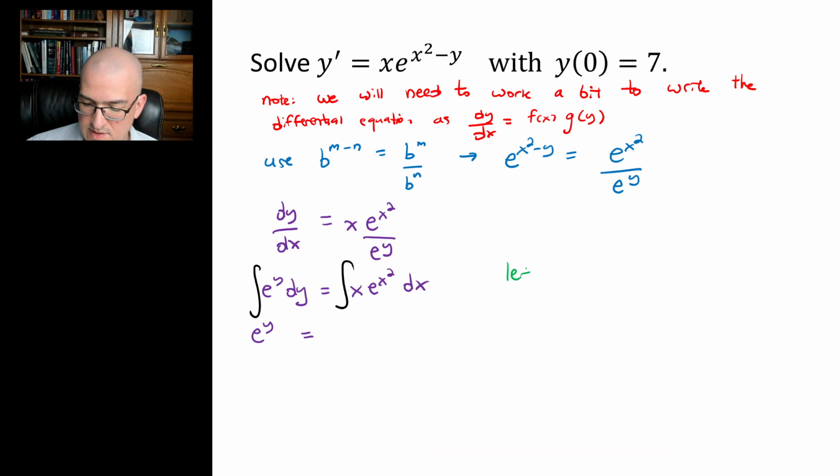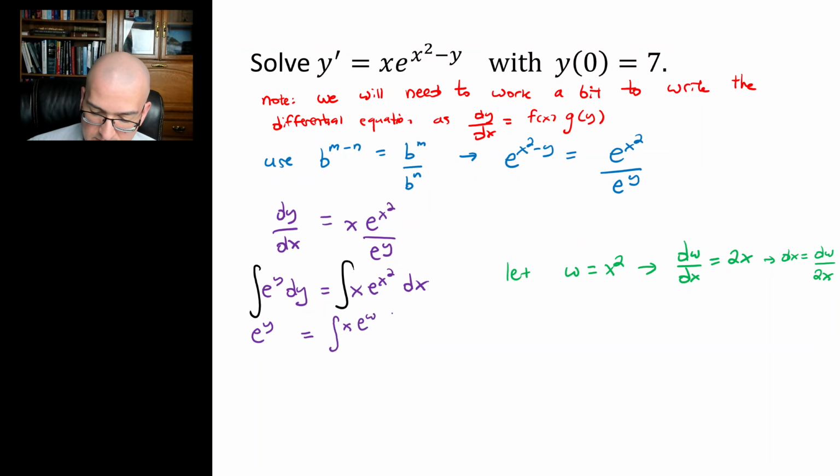So I'm going to let w equal x squared. Then dw by dx is equal to 2x. And that means dx is dw divided by 2x. So we'll have an integral of x times e to the w multiplied by dw over 2x.